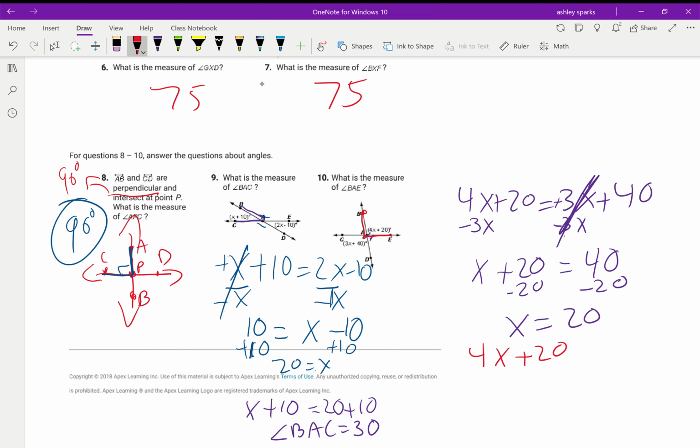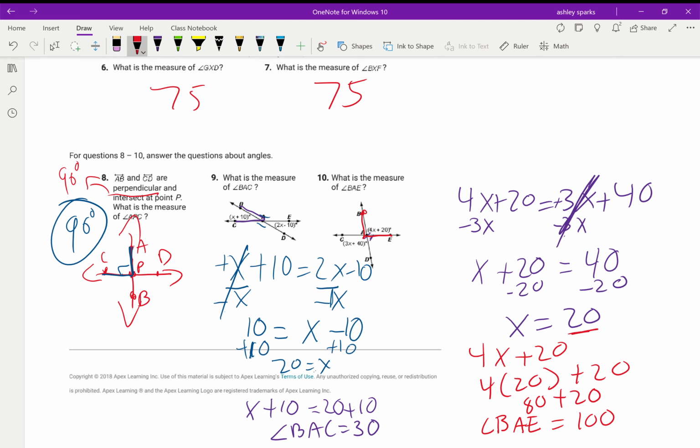I'm going to replace my x with the 20 that I solved. So I got 4 times 20 plus 20. We simplify. 4 times 20 is 80 plus 20. And what I'll find is angle BAE will equal 80 plus 20, or 100.